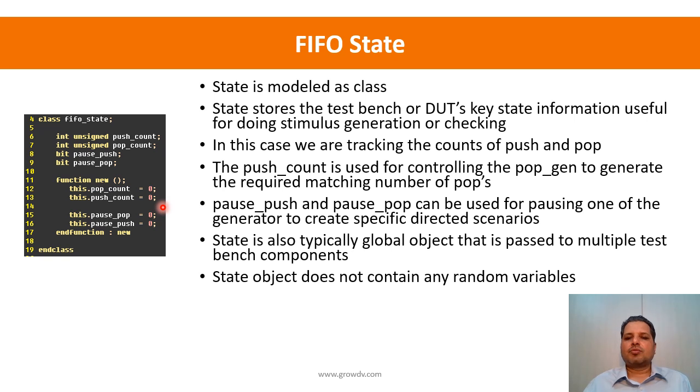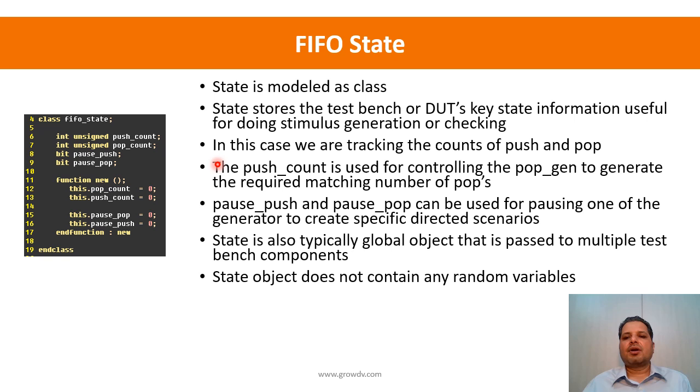The state object is also a global object that's typically passed to all the test bench components, because many times when they need to process something, they could rely on a state. Like there could be a coverage model that is processing a certain event, and now it needs to know in which state that particular event has happened, to make sure that if some events are expected to happen in different states, then we cross it with the state to make sure that we are covering all possible ways.